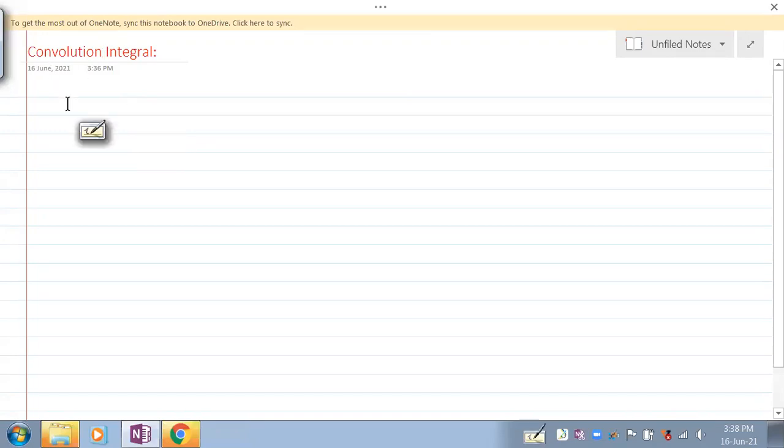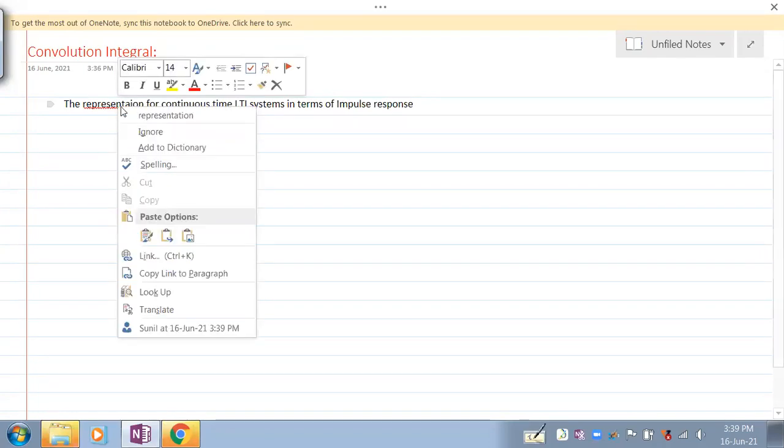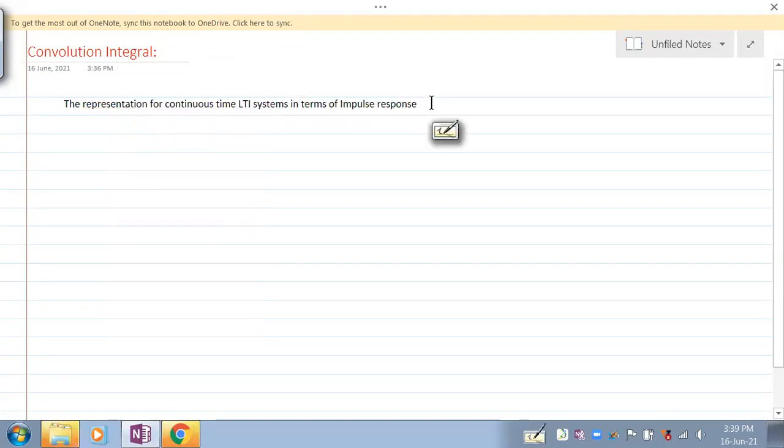So what we are seeing is this: everybody take down, the representation of continuous time LTI systems in terms of impulse response.